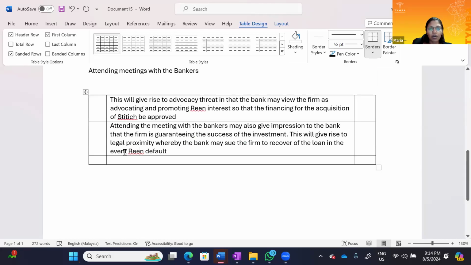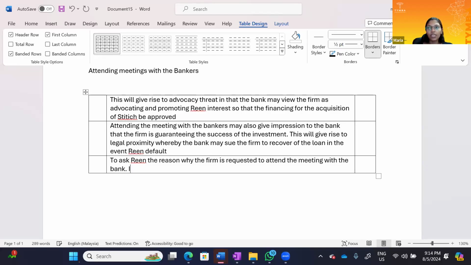Now let's talk about what will be our safeguard to avoid these two situations. First is to ask Rin the reason why the firm is requested to attend the meeting with the bank.